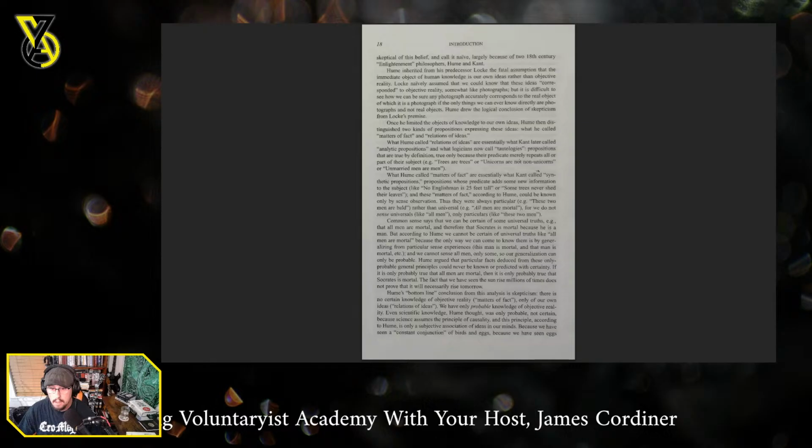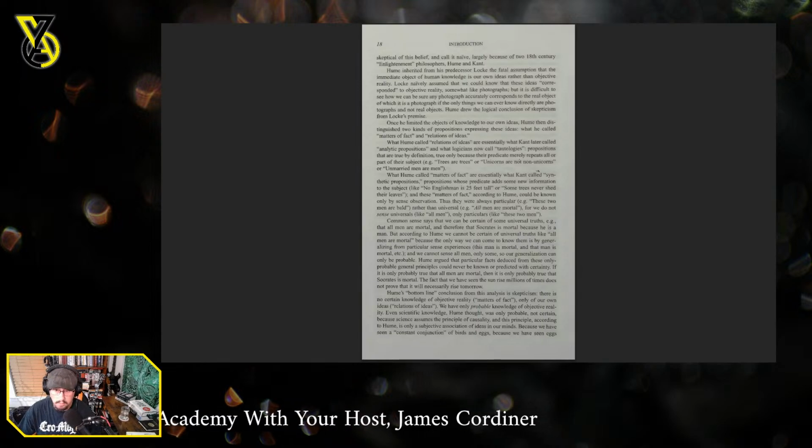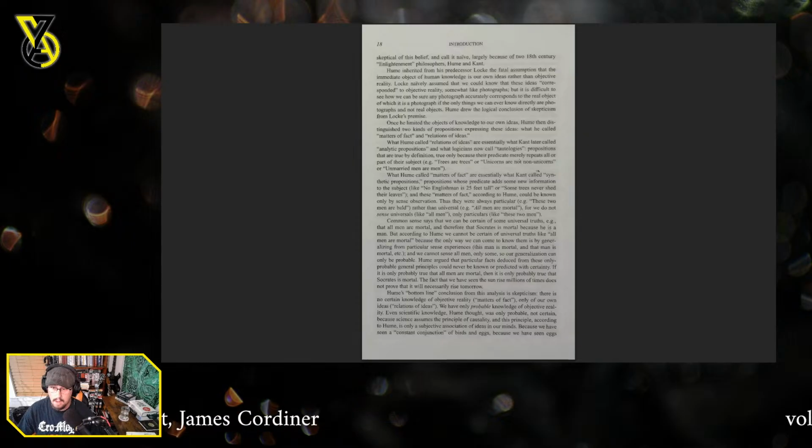Common sense says that we can be certain of some universal truths, e.g., that all men are mortal, and therefore that Socrates is mortal because he is a man. But according to Hume, we cannot be certain of universal truths like all men are mortal, because the only way we can come to know them is by generalizing from particular sense experiences.